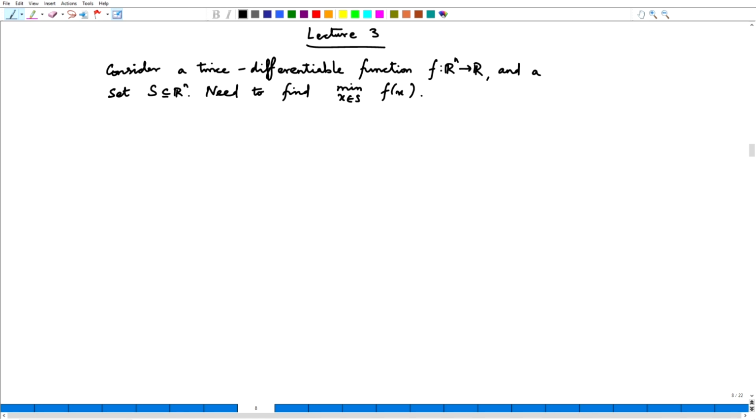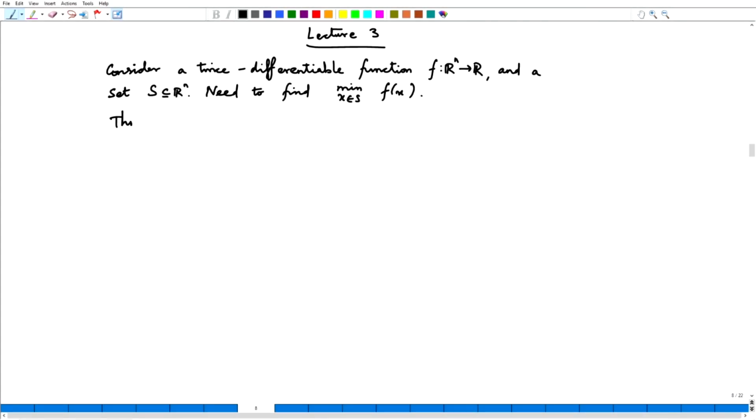And if you recall, we learnt two theorems in the last lecture. The first is: let f be a continuous function and S be closed and bounded.